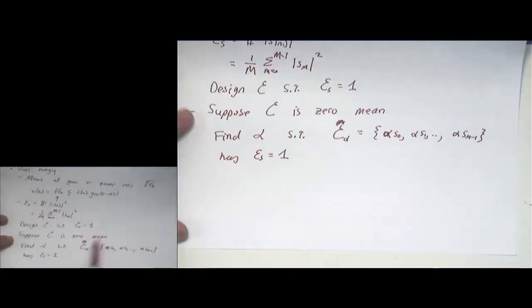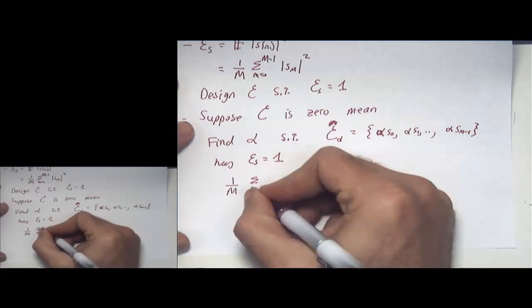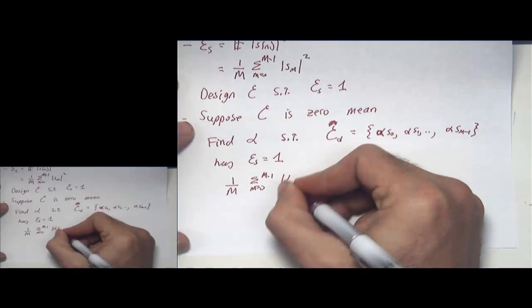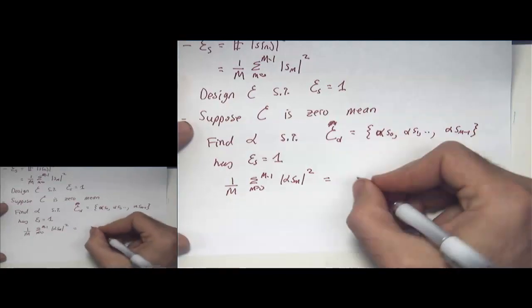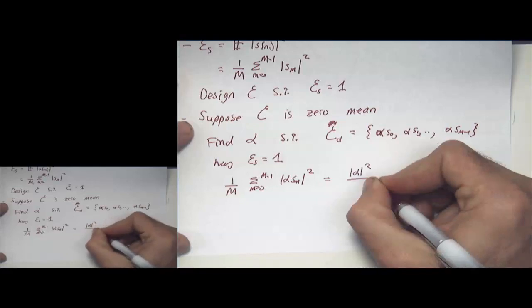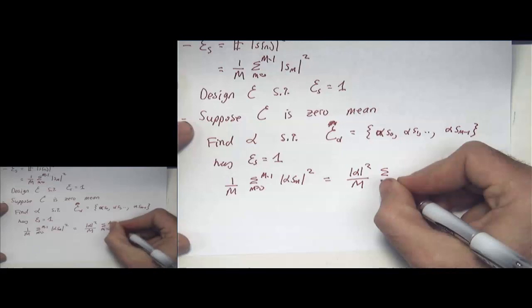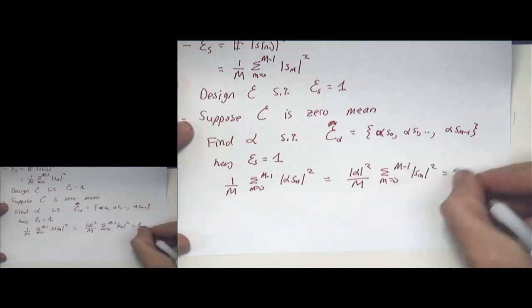So you can go through here, let's plug this in over here. We're going to get 1 over M times the sum from m equals 0 to M minus 1 of alpha S of m squared. But alpha is common, so we can factor it out. So we get alpha squared over M times the sum from m equals 0 to M minus 1 of S of m squared is equal to 1.